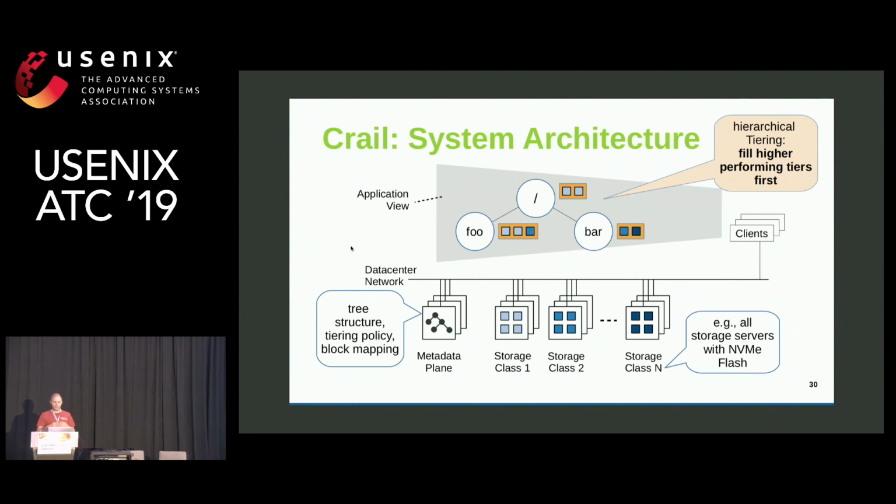And in the NodeKernel architecture, we're advocating a policy called hierarchical tiering, which means that the storage server will always try to allocate a block from the fastest performing tier. It means that it will only allocate a Flash block if there is no block in DRAM available across the entire cluster.